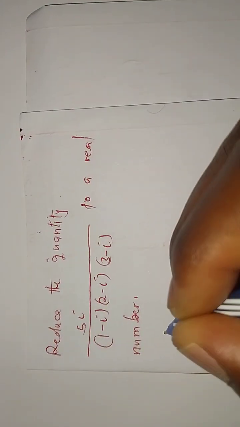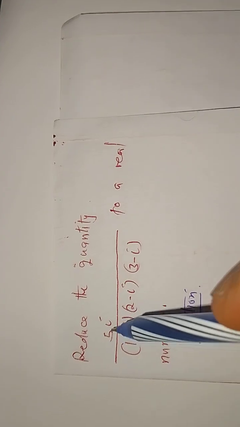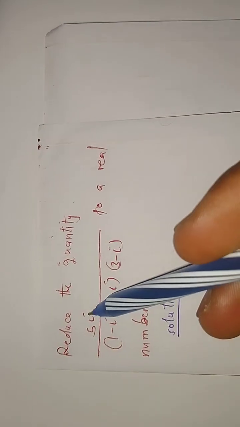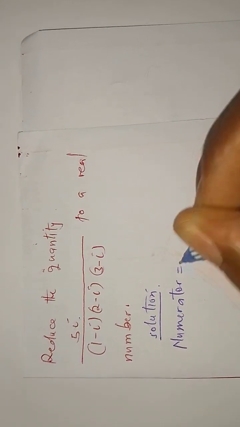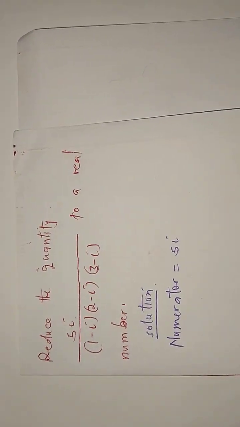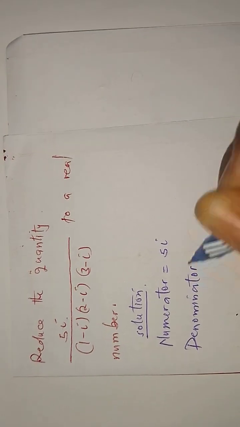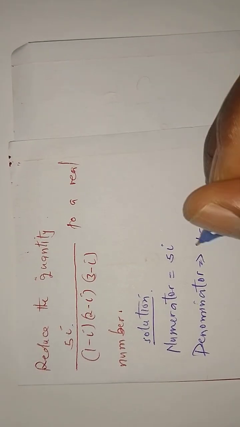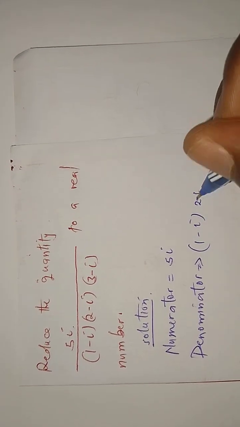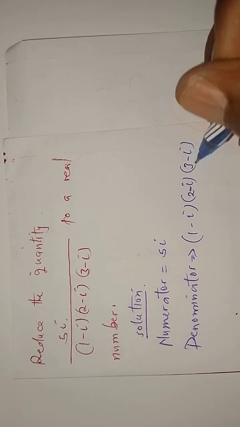So, solution. You have the numerator part and the denominator part. The numerator is 5i. The denominator is 1 minus i, 2 minus i, 3 minus i.